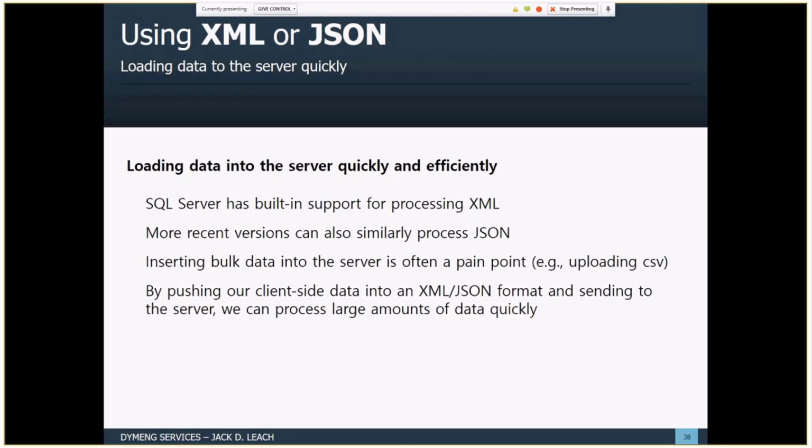And another thing, one of the pain points that we haven't really touched on, is loading data into the server from the local end. So let's say somebody wants to upload a CSV file that has a bunch of different records in there. How can we quickly and effectively get that data from our local machine into the server, the opposite of caching, right?